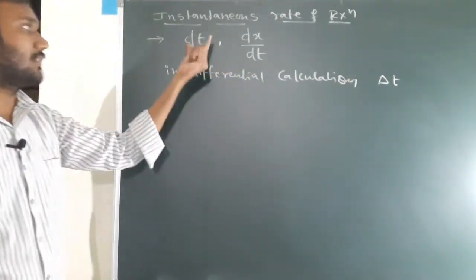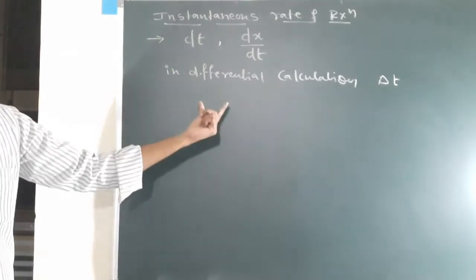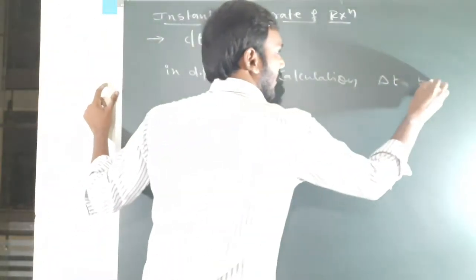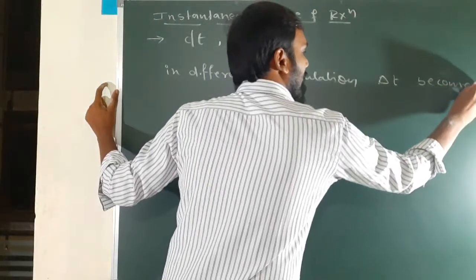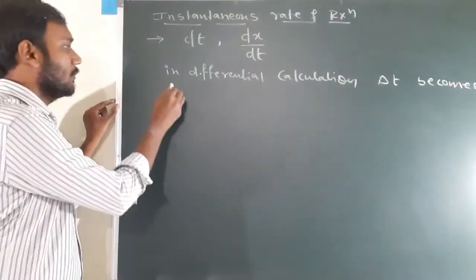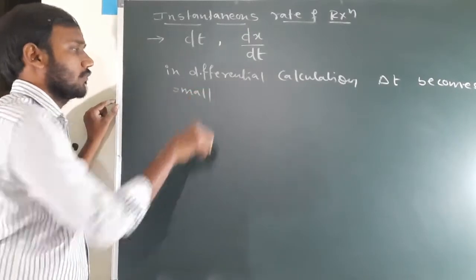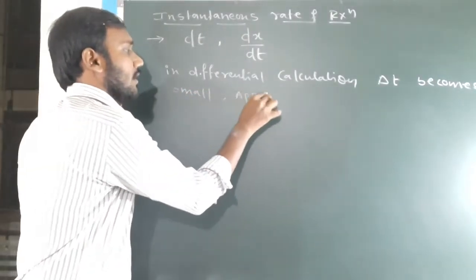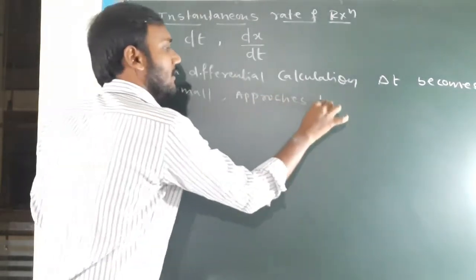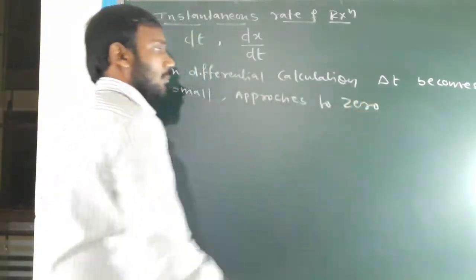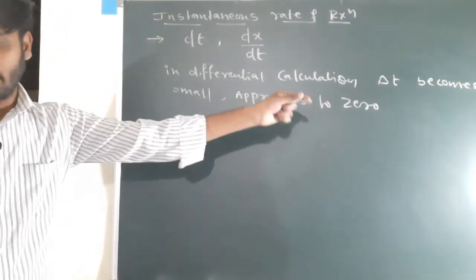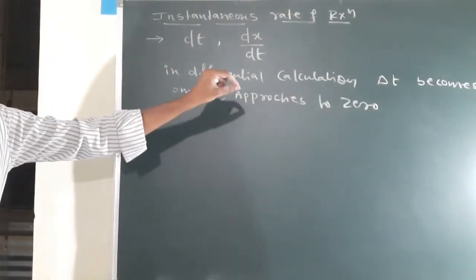Instant time we show with the symbol dt. So in differential calculation, when delta t becomes a very small value, that is, it approaches 0, what approaches 0? Delta t becomes a very small value and approaches 0.